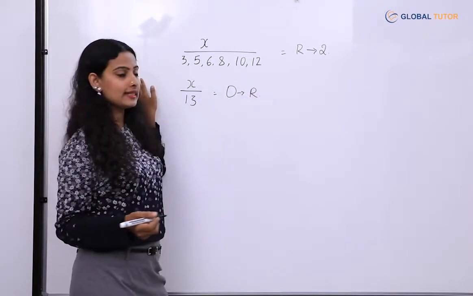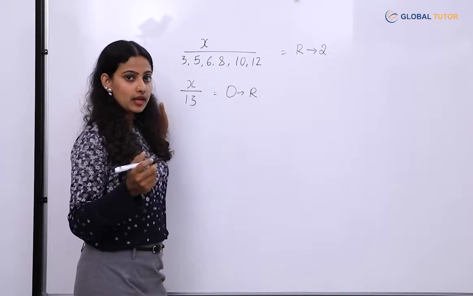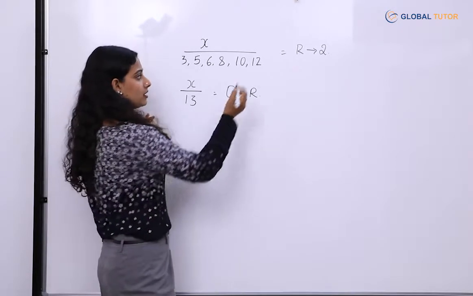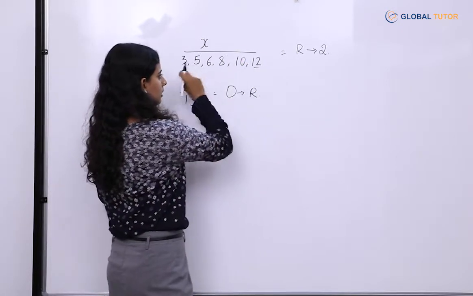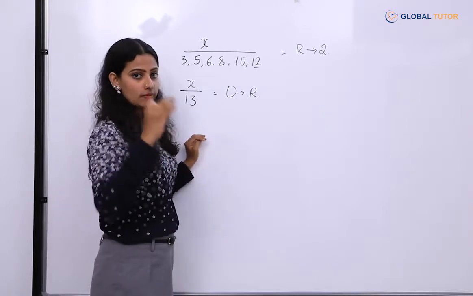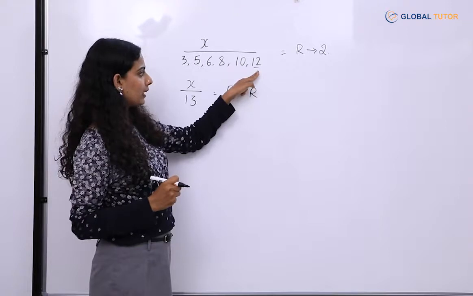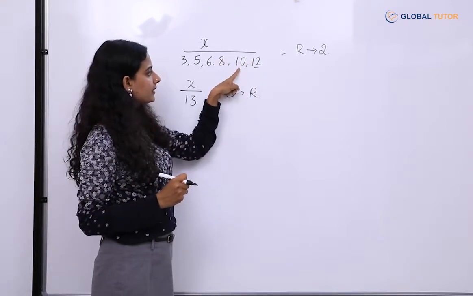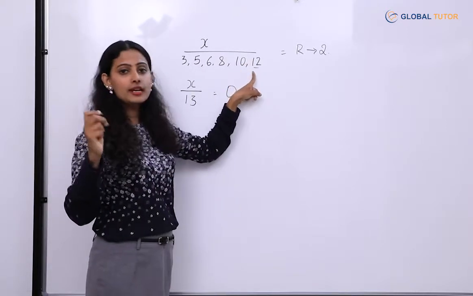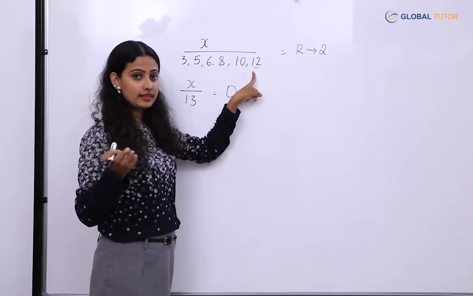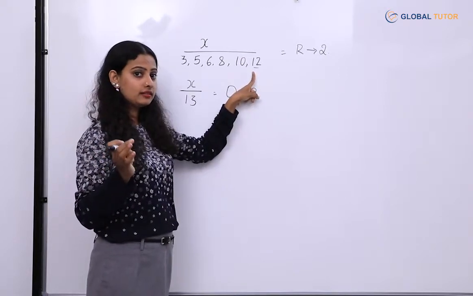Now how do we take the LCM? You must have seen our last episode. You first consider the highest number among these and then take the multiples of that number. Now when you take the multiple of 12, it has to be divided by 10. So the first number that you can consider is 60, right?